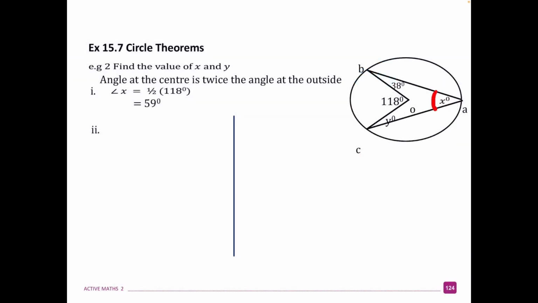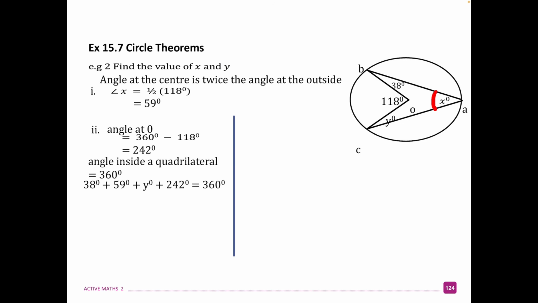Okay, let's try and find angle y. So we know that the angle at O is 360 degrees minus 118. This gives us an angle of 242. We know that the angles inside a quadrilateral will always equal 360 degrees.